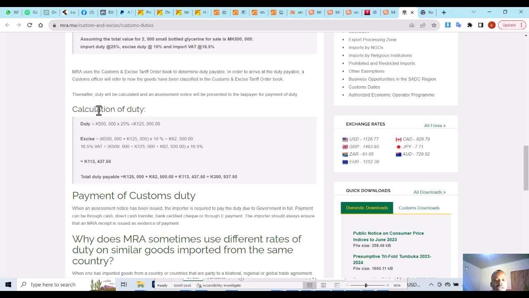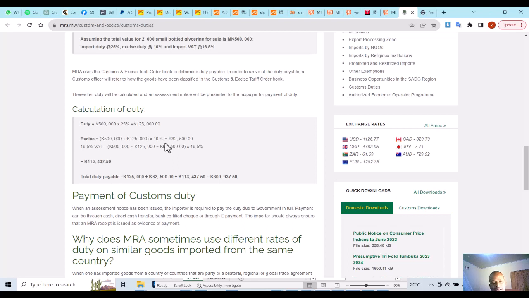Still, here is the calculation of duty. Okay, they will get the product. They will take 25% of the price of your product. Now, when we talk about price, they'll add the transport and the actual price of the product. They'll get the 25%. Then they'll charge excise duty.